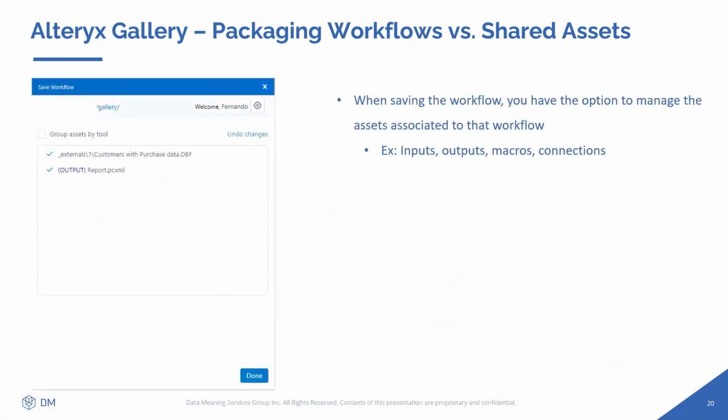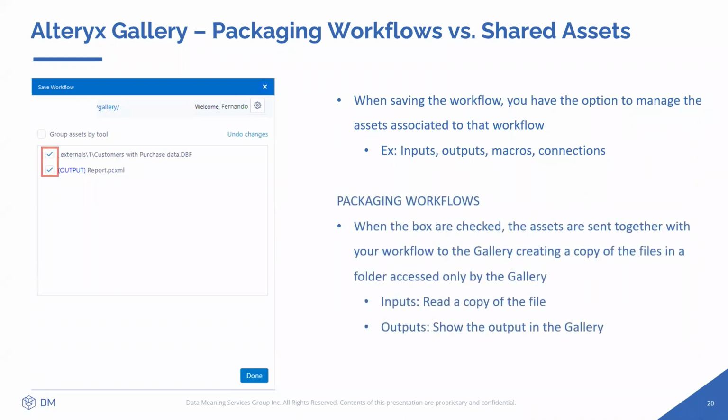And with this, we have two different options. When we are saving or publishing the workflow on your gallery, you have assets associated with that workflow. It could be input files, data sources, outputs, as well as macros, or anything else that you are using in your workflow, right? And the first option, if you leave this checked, you are packaging your workflow.